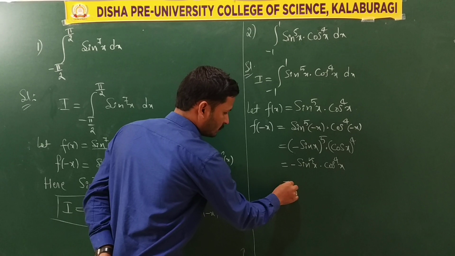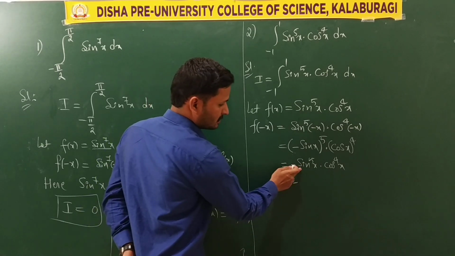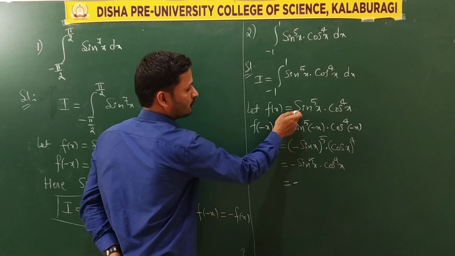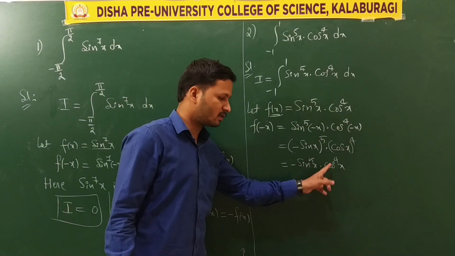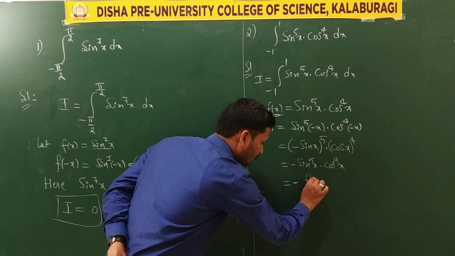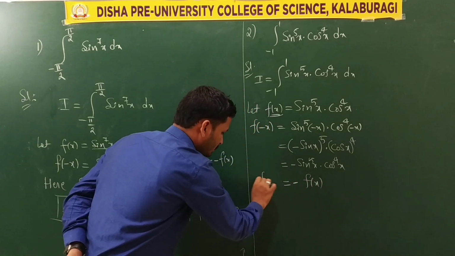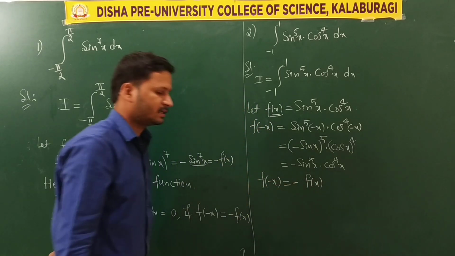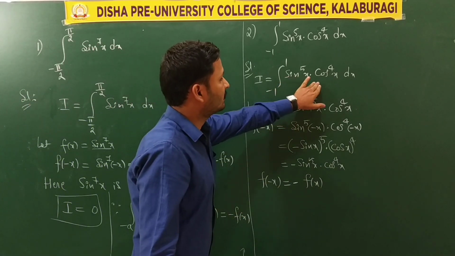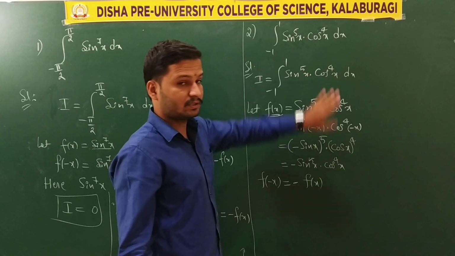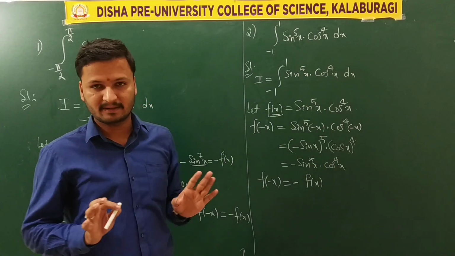Now minus as it is; see, sin raised to 5x into cos raised to 4x is f of x. So this is of the form f of minus x is equal to minus f of x, then definitely the given integral, this sin raised to 5x into cos raised to 4x, is an odd function.